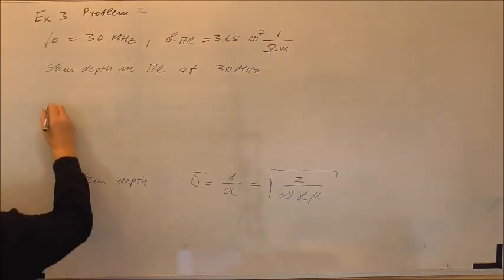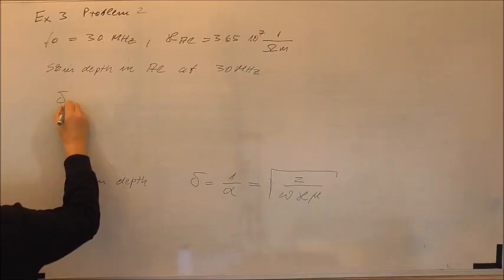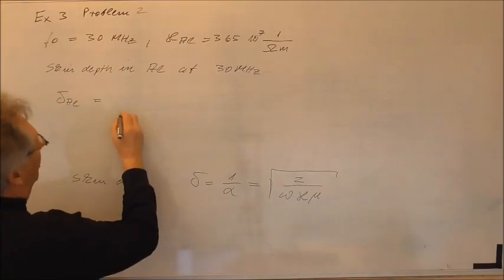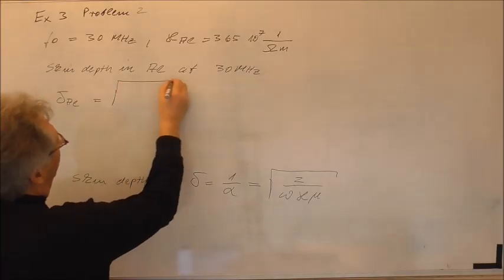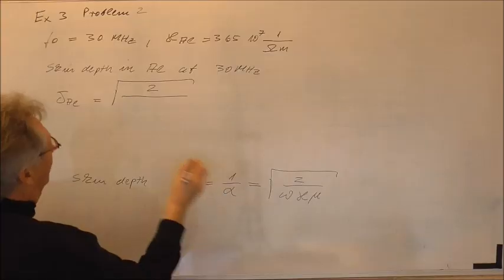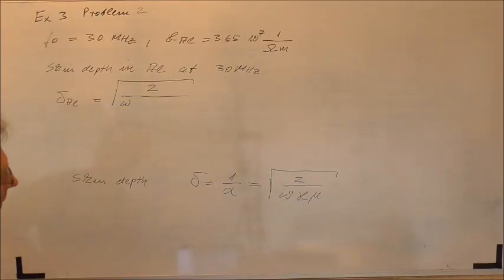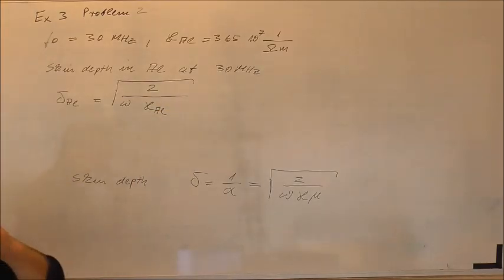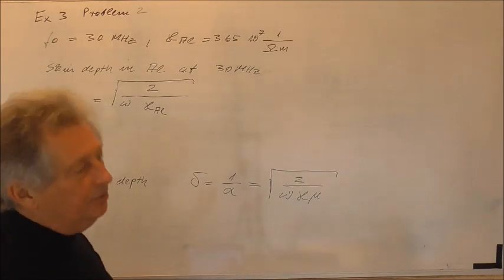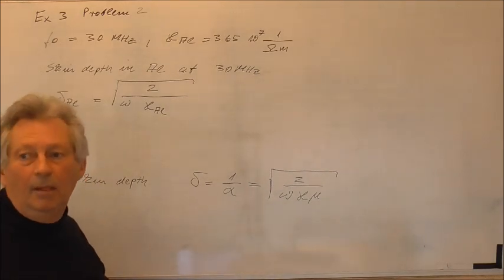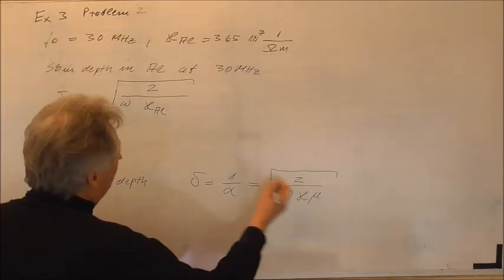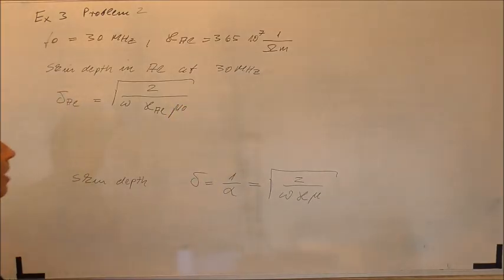According to this equation we can write delta Al will be the square root of 2 over omega, of course the circular frequency, then we have to insert kappa Al, and since aluminium has no magnetic properties, the relative permeability of aluminium is 1, we have to insert here mu naught.